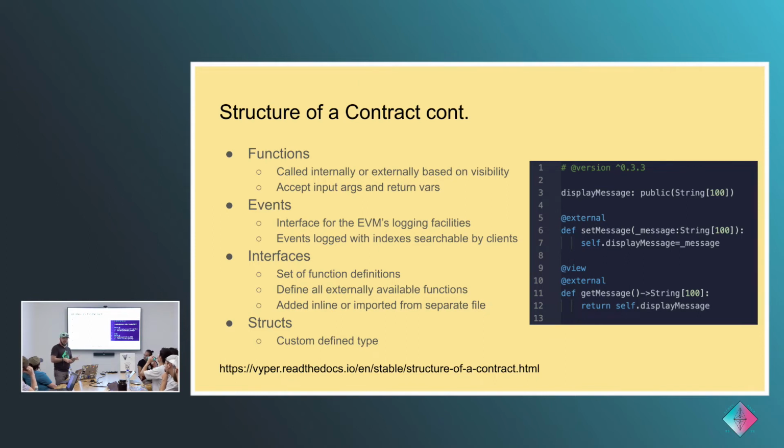I need to maybe consider fixing that up a little bit, but you know. They can be added inline or imported from a separate file. So I think the larger project that we're going to look at in just a little bit calls to an external Vyper contract within it. You'll see the import. We'll go through that a little bit. And then structs allow you to define custom types.